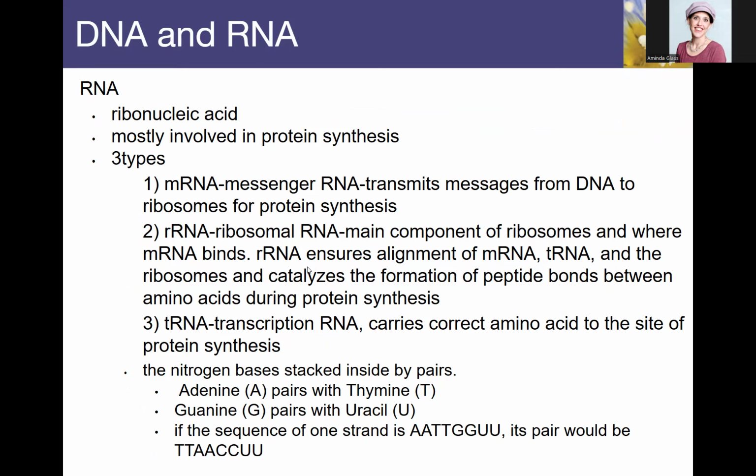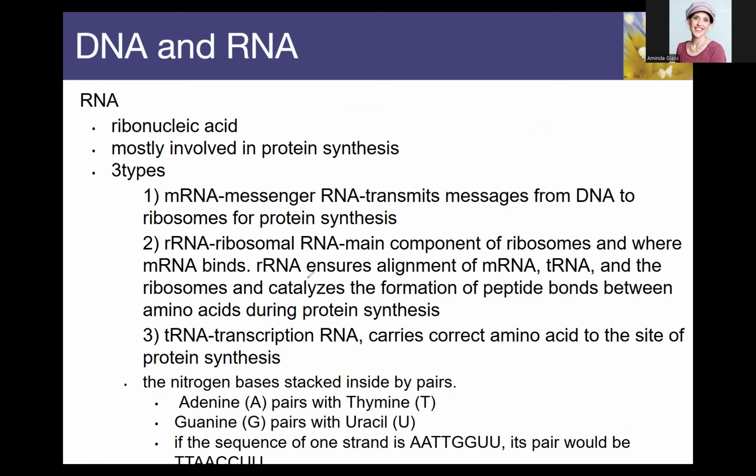Let's look at RNA. We had deoxyribose nucleic acid. RNA stands for ribonucleic acid. Now, it is mostly involved in protein synthesis. So it's found throughout several places of the cell.